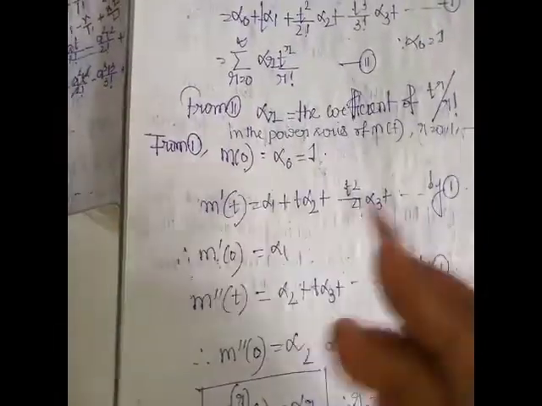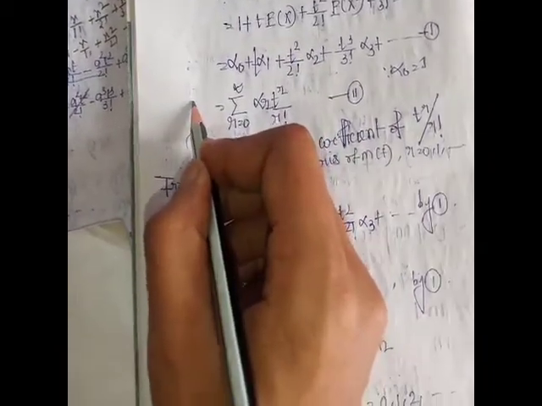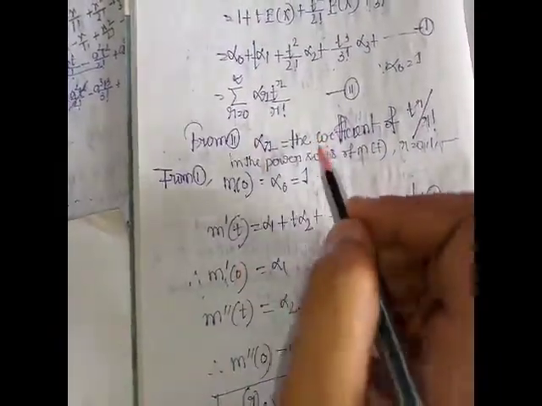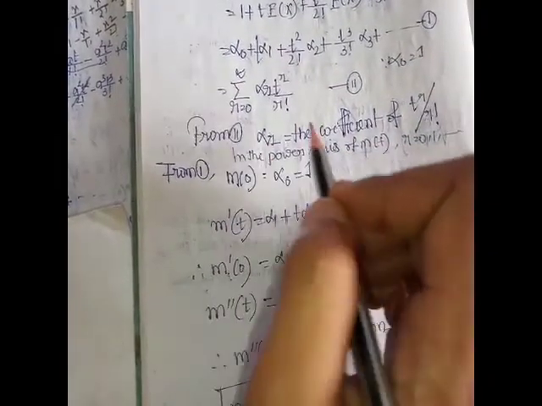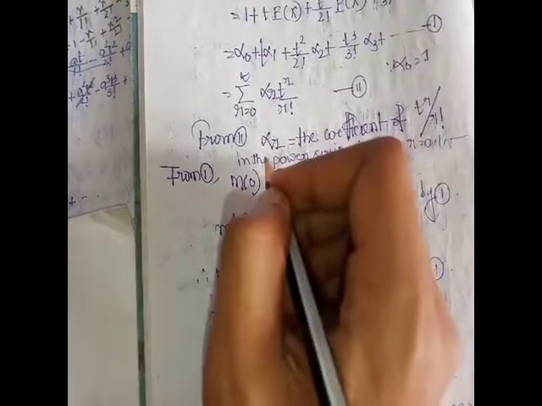We already discussed that in the expression of the moment generating function, alpha r is the coefficient of t to the power r by r factorial, where alpha r is the moment about origin.